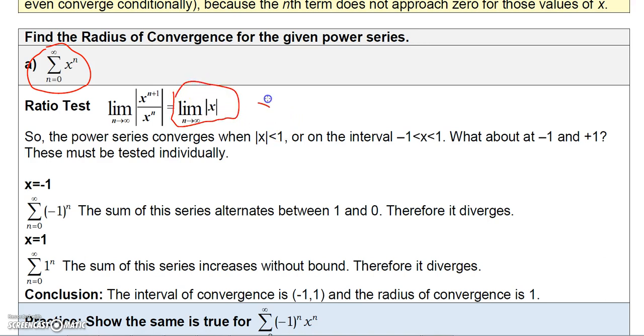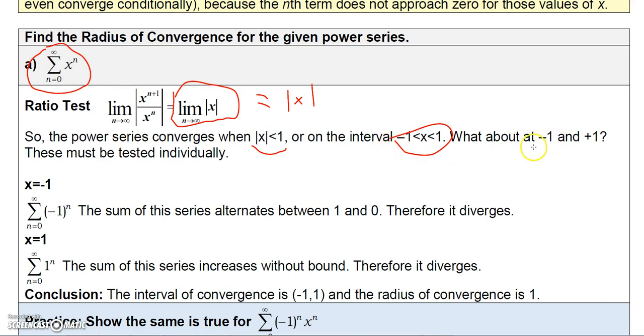And since x doesn't depend on n, this would just equal the absolute value of x. So now we set that result less than 1 because that's how we find the interval of convergence. If you solve this inequality, you'll find that x falls between -1 and 1. So that means that this series converges on that interval.